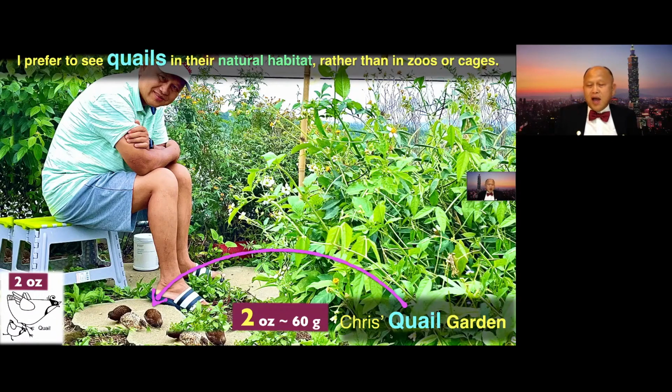And the reason why I have this coil garden is because I prefer to see coil in their natural habitat rather than in rooms or cages. I wanted them free. They were born free, supposed to be set free. That's why I built this garden for my coil.